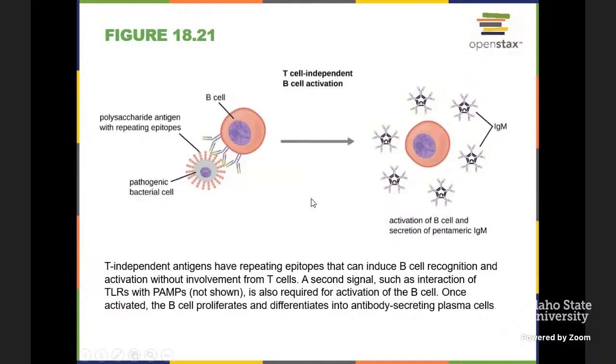So this next bit, this is T cell independent B cell activation, all right? So we have these B cells with those respective antibodies on their surface. These guys have already been primed previously, all right, to have these immunoglobulins on their surface.